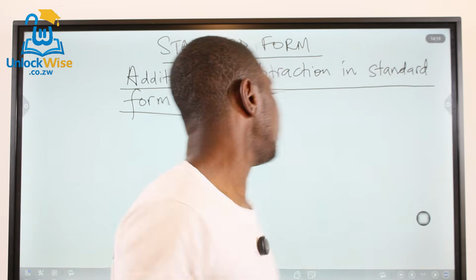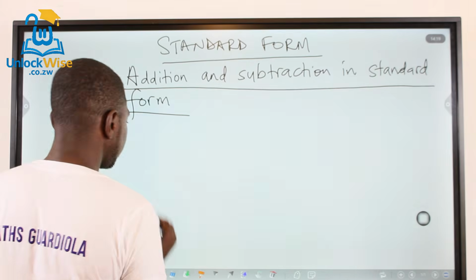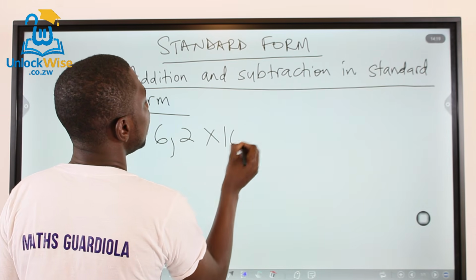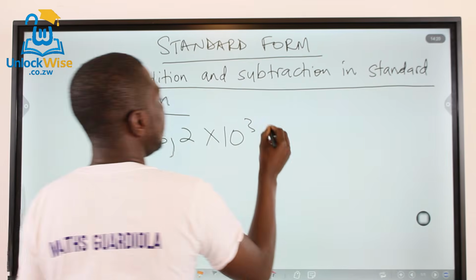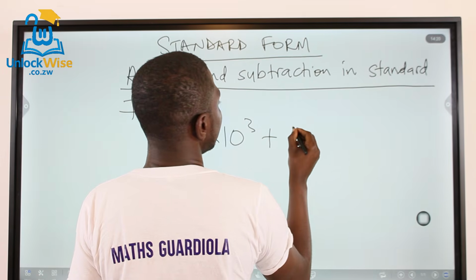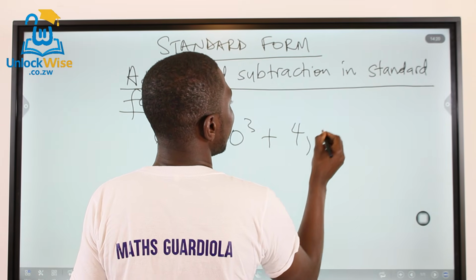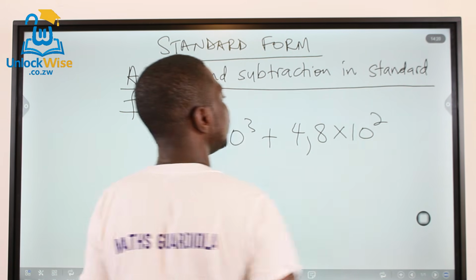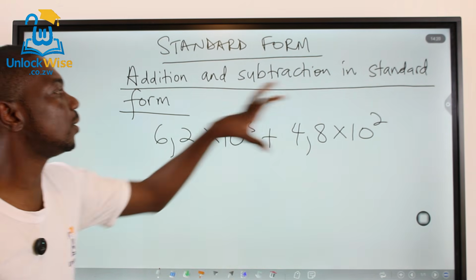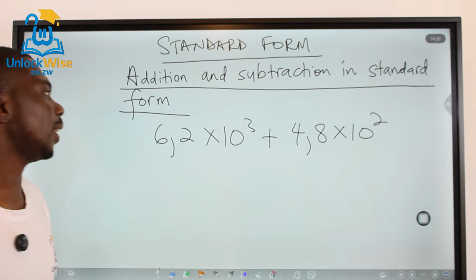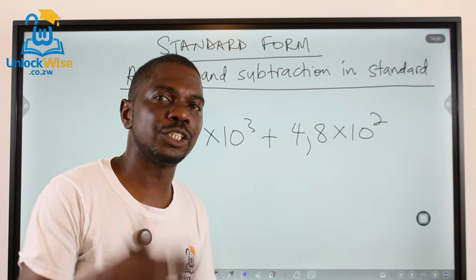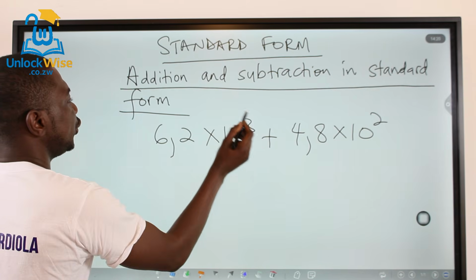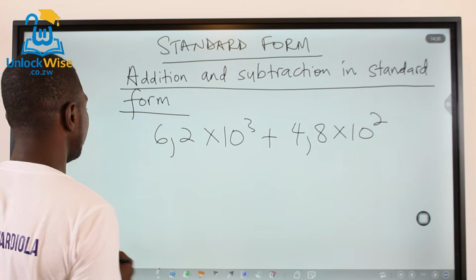Okay. Let's say, for example, we have 6,2 times 10 to the power 3 plus 4,8 times 10 to the power 2. And we want to add these numbers and give our answer in standard form. So what we are going to do is we can change this one to ordinary form.